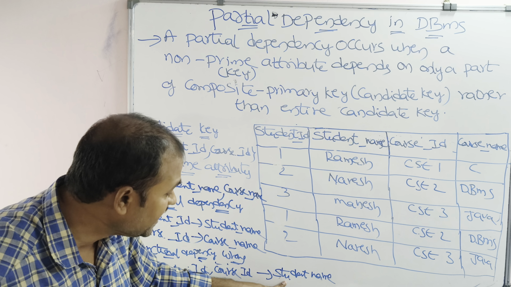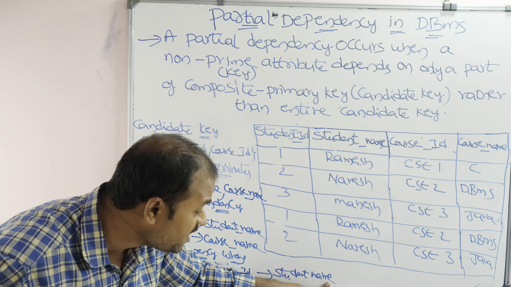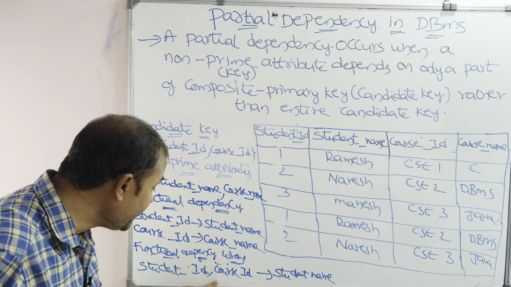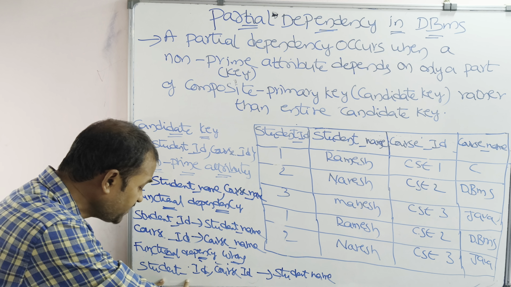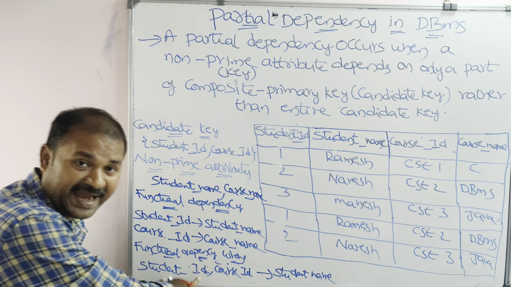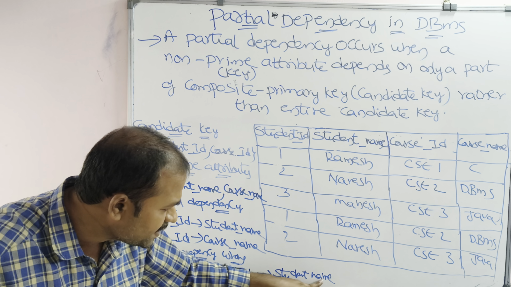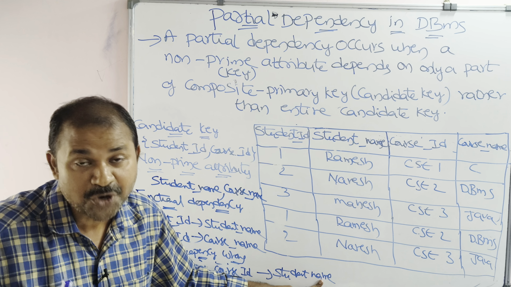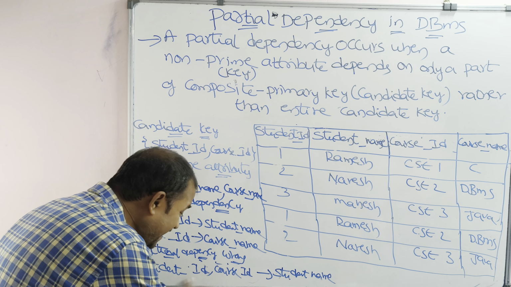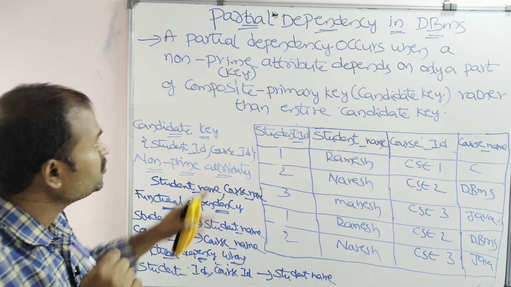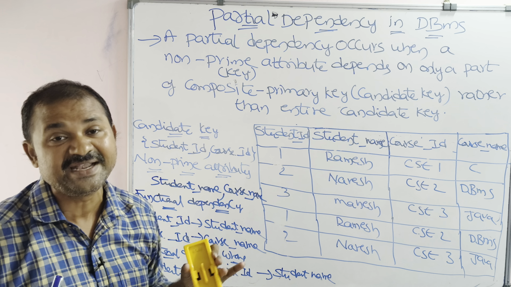So we can say that the non-prime attribute depends on part of the candidate key. Here, part of the candidate key means student ID. The non-prime attribute is not depending on the entire candidate key. So this is about partial dependency.